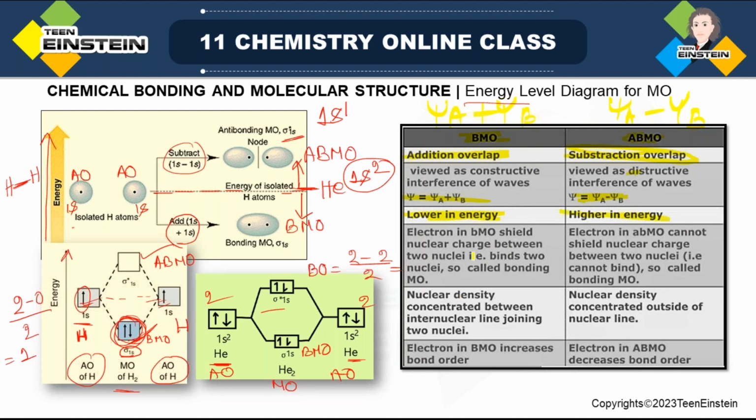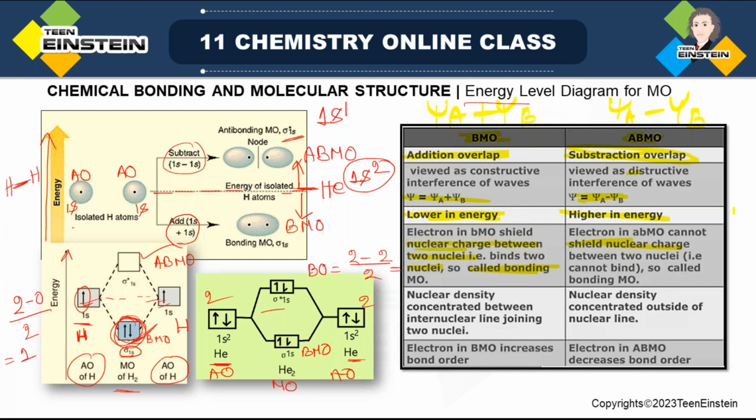Electron in BMO shields nuclear charge between two nuclei, that binds the nuclei, because when two nuclei are approaching each other, positive charge is present, but the electrons shield this nuclear charge from each other. As a result, the repulsion between the two positive charges will not take place, and ultimately there will be bonding. Electron in ABMO cannot shield nuclear charge.